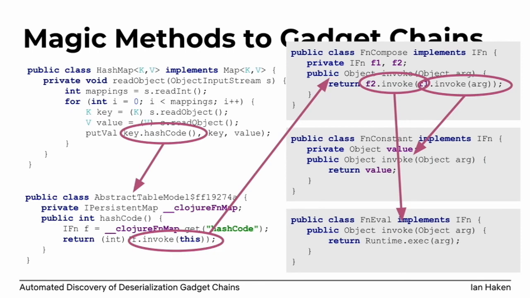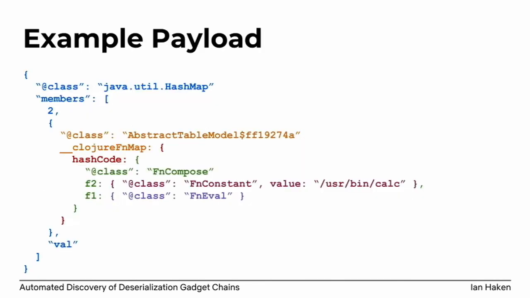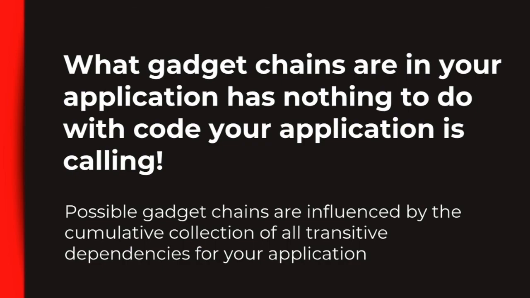And if you want to know what that would actually look like on the wire, this is an example of a JSON version of that kind of a payload. So you wrap that interesting abstract table model class that had that interesting hash code implementation inside a hash map, and then you just supply as the instances of all those member variables these interesting classes with potentially more interesting member values inside that.